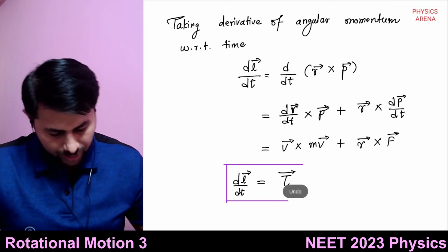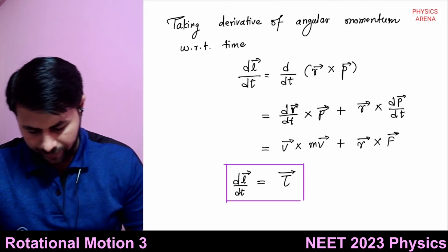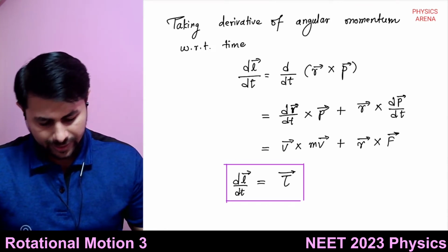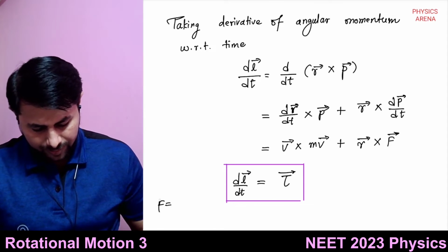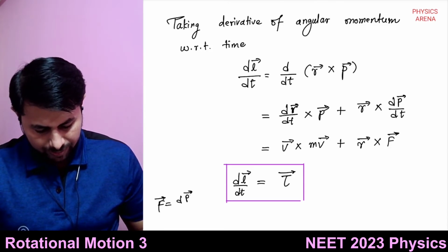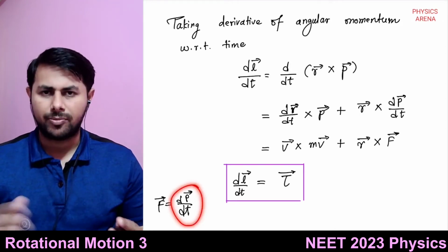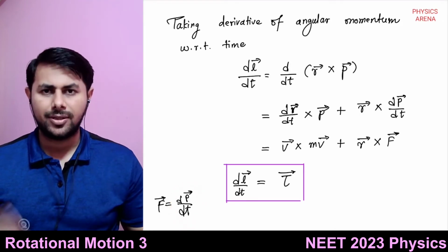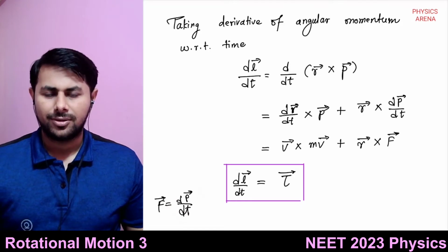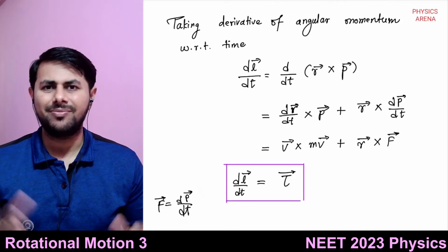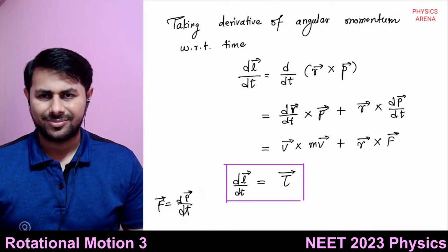Can you see, this is analogous to Newton's second law, which is F bar equals to what? dp bar by dt, right? The rate of change of momentum with respect to time is the force. Force acting on a body is equal to the rate of change of momentum with respect to time.